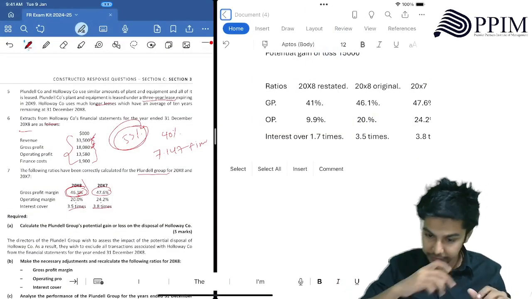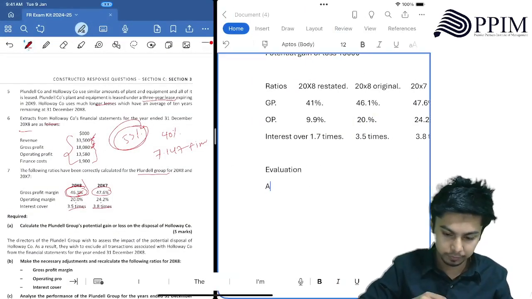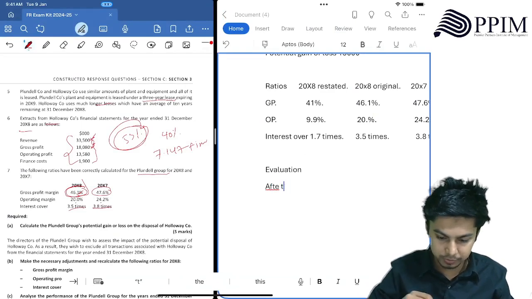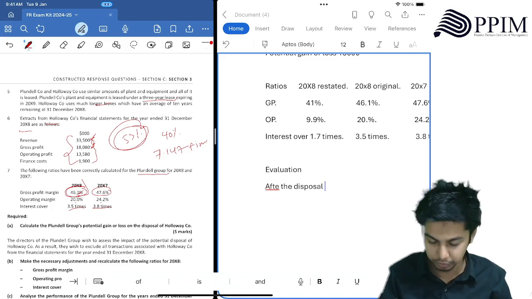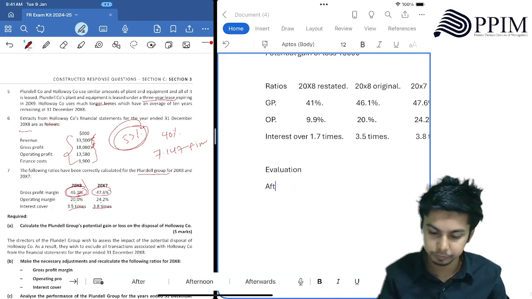Okay, let's start over here. Now, first thing we can tell, after the disposal, right?